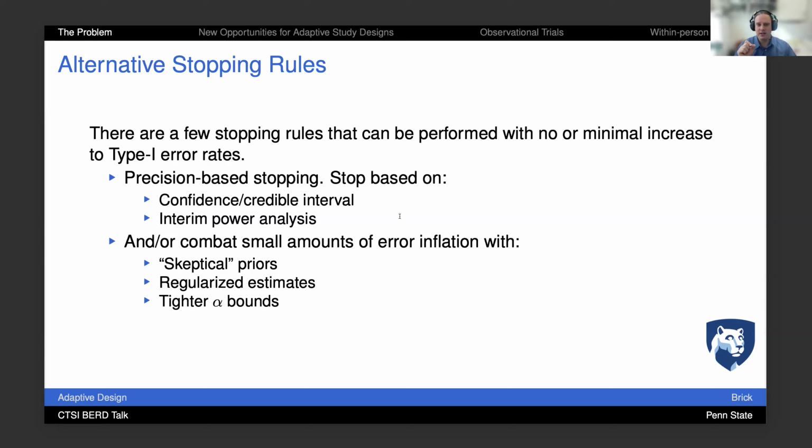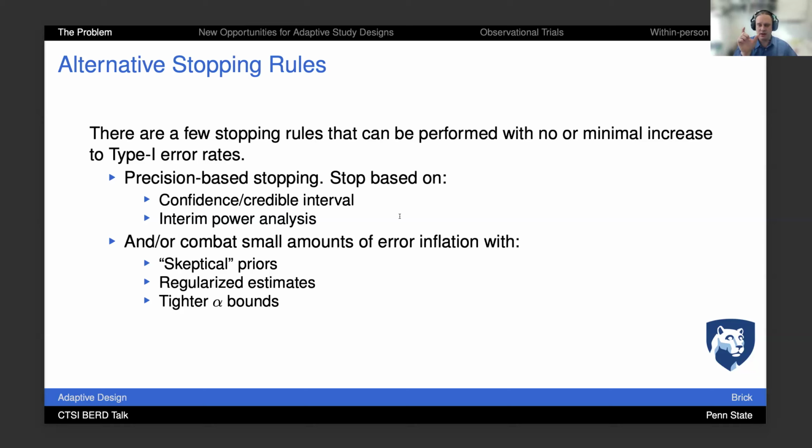Now, I want to highlight here, this is based on the width of the confidence interval and not the location of the confidence interval. So if you make it a decision based on is 0 in the confidence interval or not, that's just testing to see whether your p-value is significant. That's just the binary decision. You're back in the same boat.